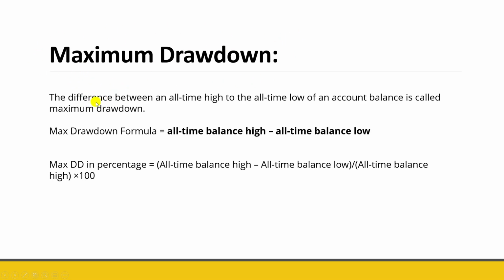The maximum drawdown is the difference between an all-time high and an all-time low of an account balance, and the formula for this is all-time high balance minus all-time low balance. In a similar manner, you can convert this into a percentage by dividing this by the all-time high and multiplying it by 100. So now let's go through an example of how you can calculate the maximum drawdown.